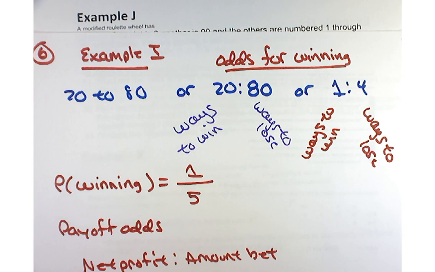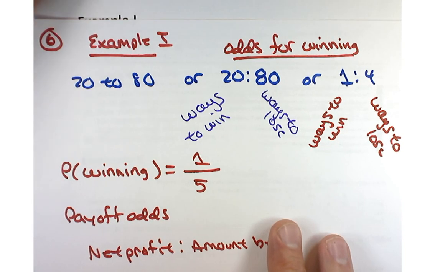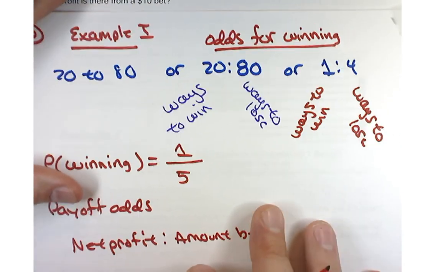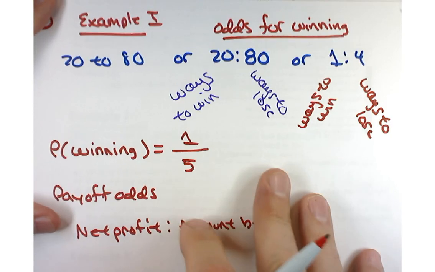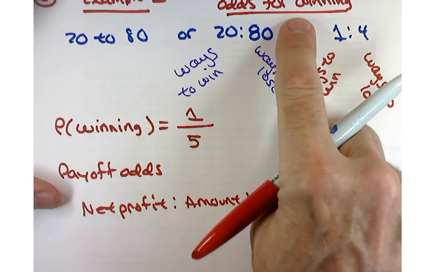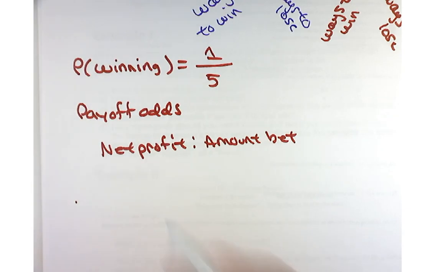Also 1 to 4. Okay. So let's look at what the odds against winning would be. If the odds are for winning, what would be the odds against winning?